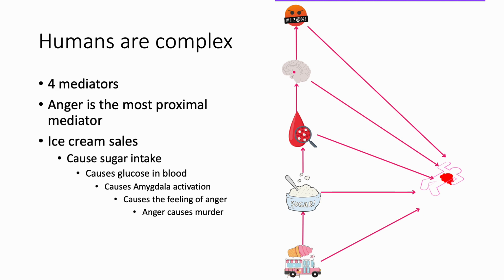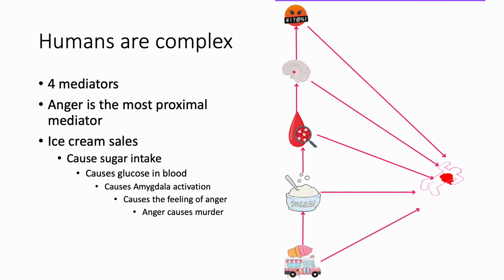Now, this is kind of an interesting argument. You can see that we started with a social phenomenon, an increase in ice cream sales in a community. An increase in sugar intake. What's that do to the body? Increase in glucose. What's that do to the brain? Increase in amygdala activity. What's that do to the experience of the human being, the thoughts, the feelings? It increases anger, and that anger could increase violence.